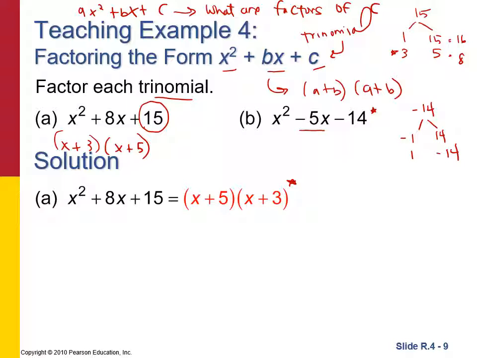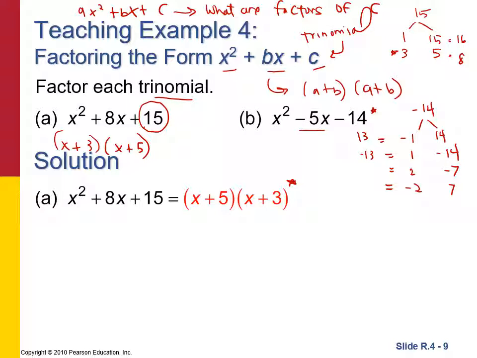So notice how the negative numbers make this a little bit more complicated. Positive 2 and negative 7, and negative 2 and positive 7. Okay, so let's add all of these together. I'm going to do it a little bit backwards for the sake of space. So negative 1 and 14 is 13. Negative 14 and 1 is negative 13.